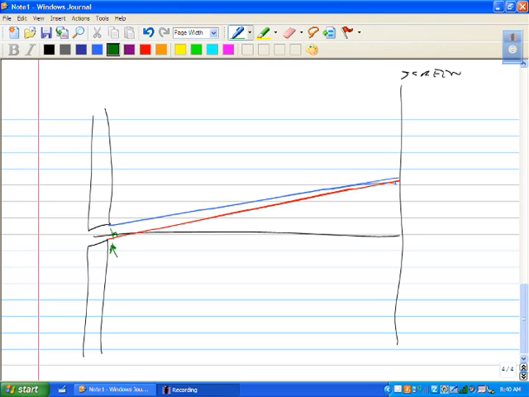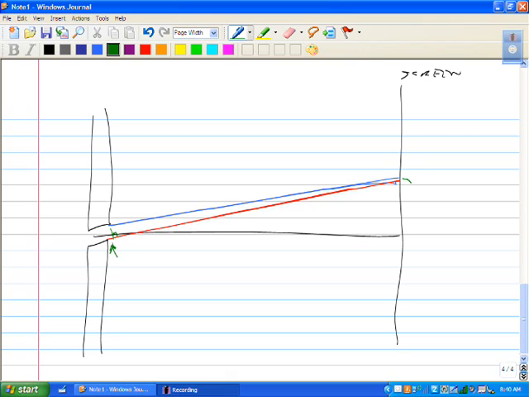And again, it's not red and blue light. It's the light represented by the red ray and the light represented by the blue ray. Just like a laser, it's a single wavelength of light. The red line traveled farther, that amount right there. Now the question is, what is that amount?